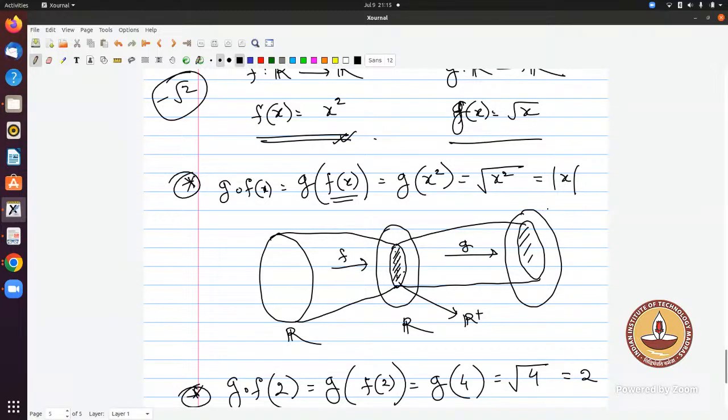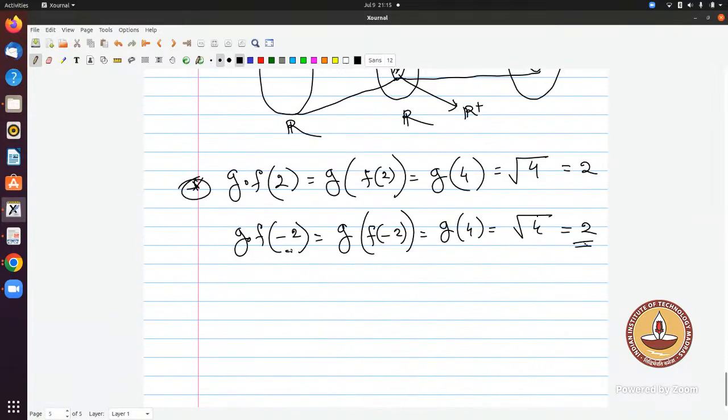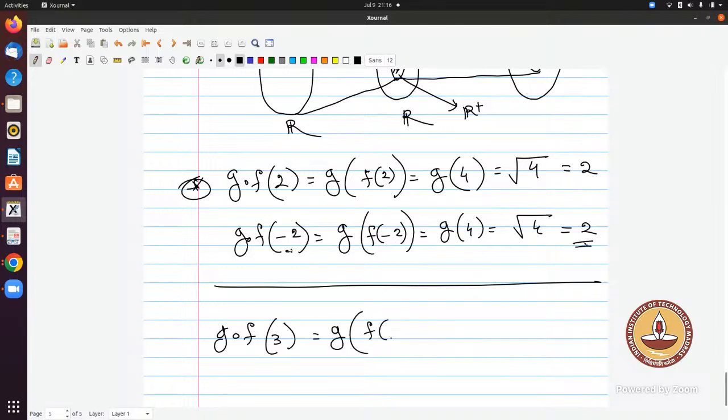Sir, please explain once more. Okay, fine. Okay, so again, observe this. I am writing g compose f of, let's say, 3. So what is g of f of 3? That is what we are finding.